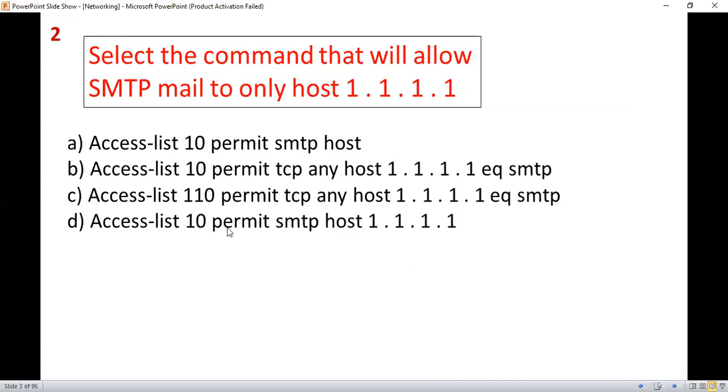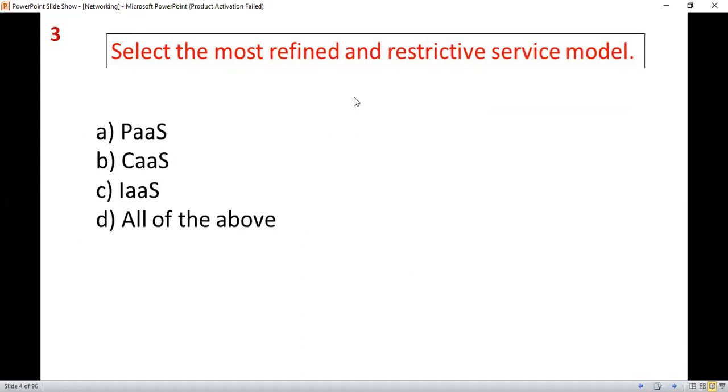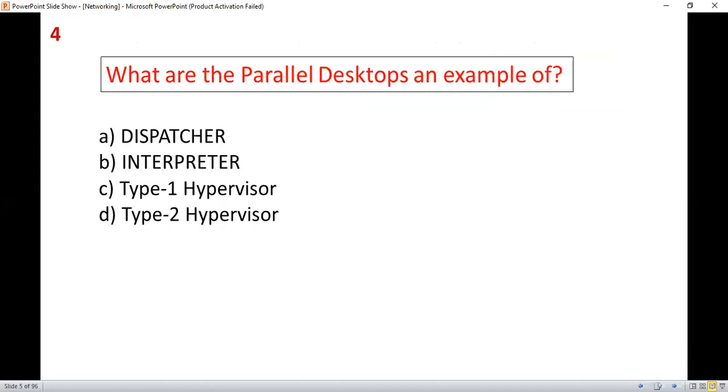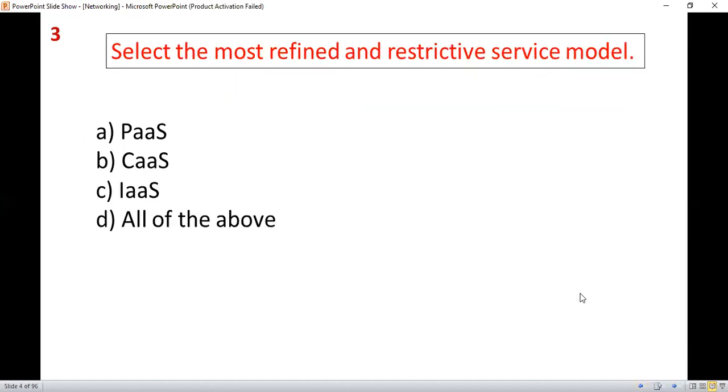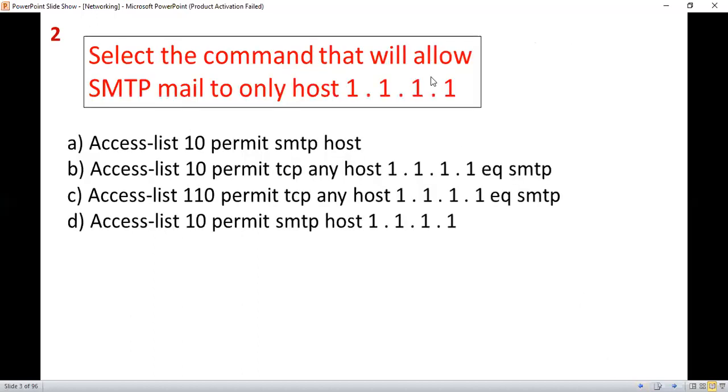The next question is: select the command that will allow you to SMTP mail to only the host. This is the host point. This is the command that will allow you to mail through SMTP, and the host configuration name is this.